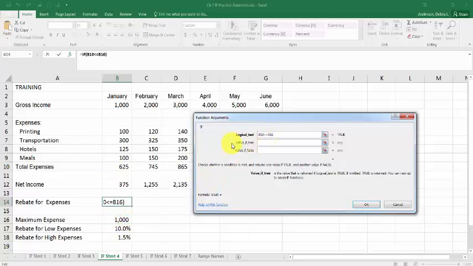If it is, I'm going to multiply total expense times rebate for low expense, meaning if they have a low expense, they get a high rebate. If it's false, then I'm going to multiply total expense times rebate for high expense, meaning if their expenses are high, you're going to get a lower rebate.